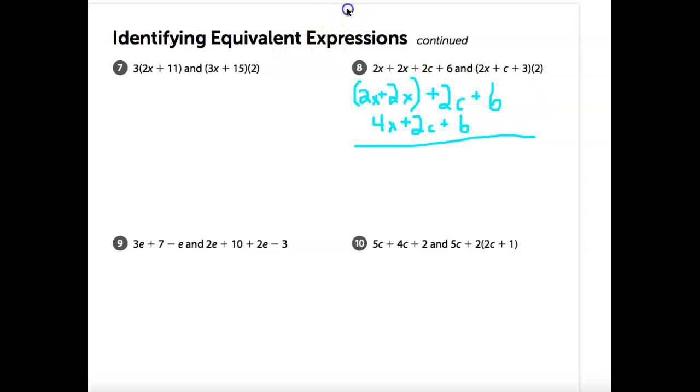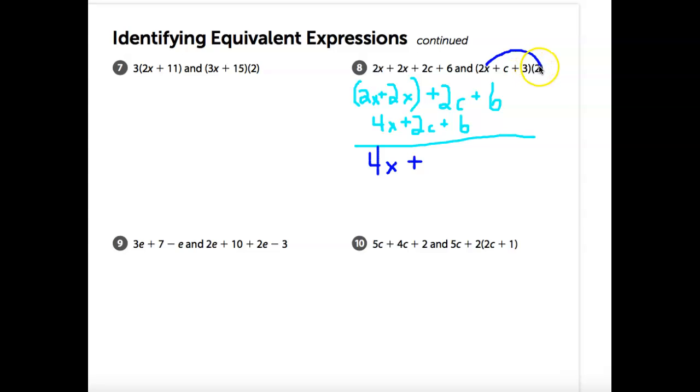I'm going to change the color on this so that you can see a clear difference. So over here we have to distribute the 2. You see it's in the back. So 2 times 2x is 4x. Okay, this is plus, because this is plus.